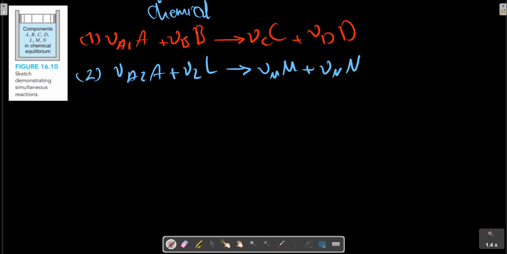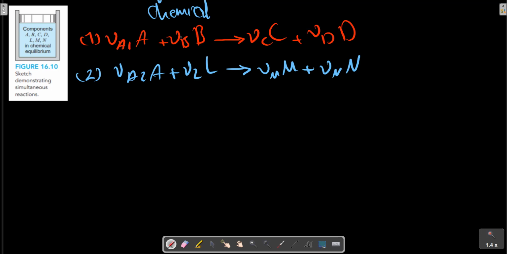As in the previous section, the changes in amounts of the components are related to the stoichiometric coefficients, which are not the same as the number of moles of each substance present in the vessel.